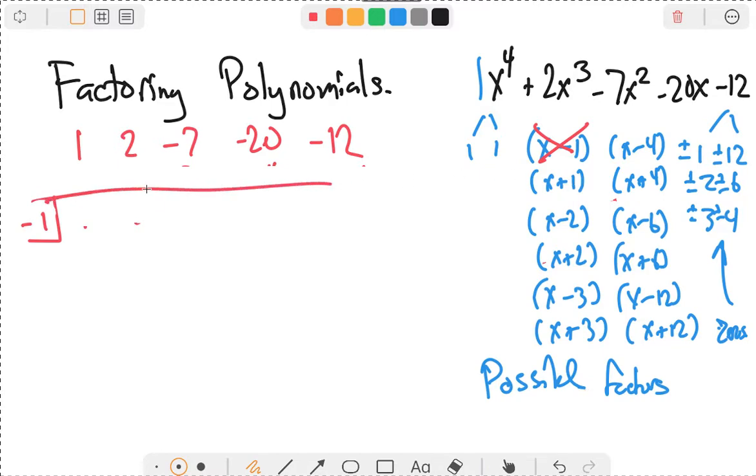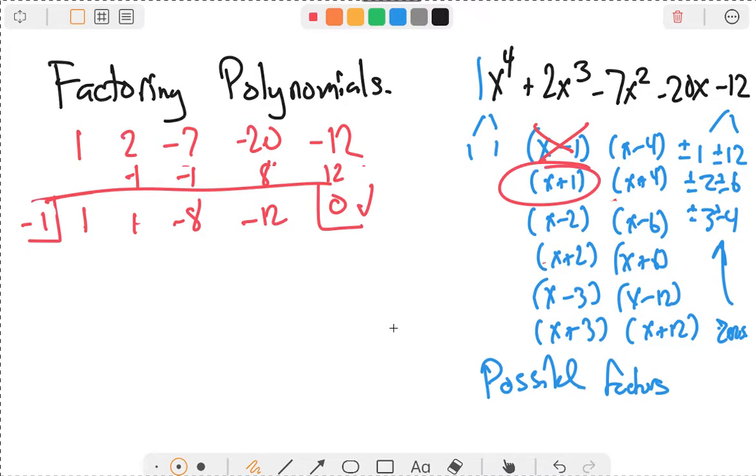This is the factor x plus 1. So we got 1, negative 1, 1, negative 1, negative 8, positive 8, negative 12, positive 12, 0. This is a factor. I have one factor of x plus 1. Now, here's the cool thing.